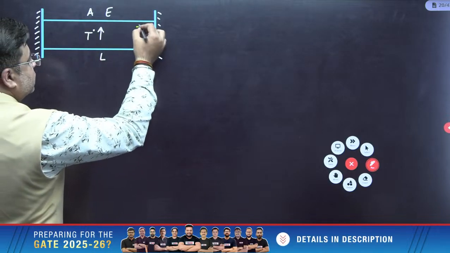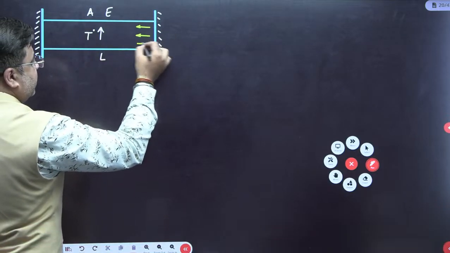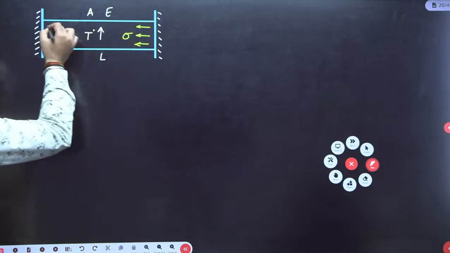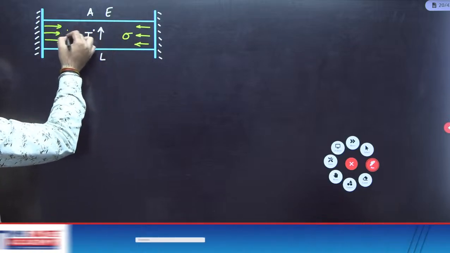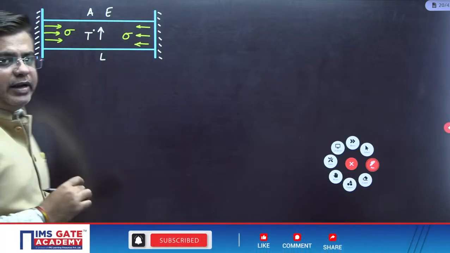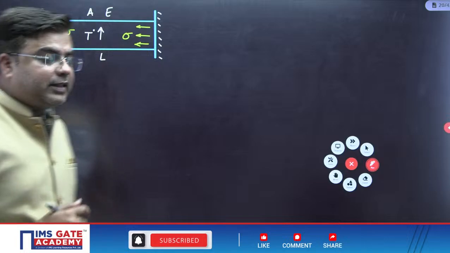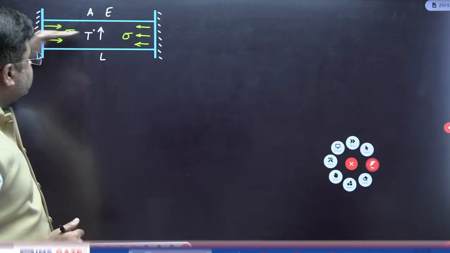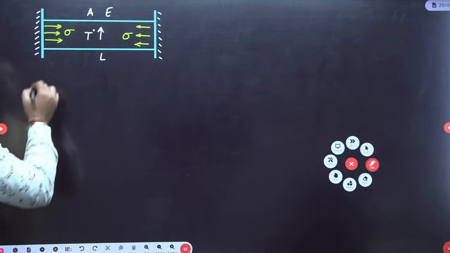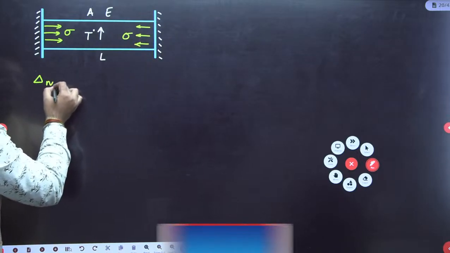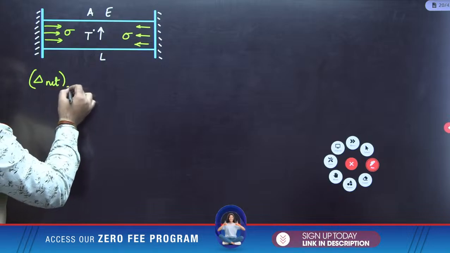We know that because of this restriction, thermal stresses sigma will be developed here. Due to the restriction, the bar wants to expand, but the thermal stresses will be induced instead. For calculating the thermal stress sigma in this x direction, I will write delta net along x is equal to 0.